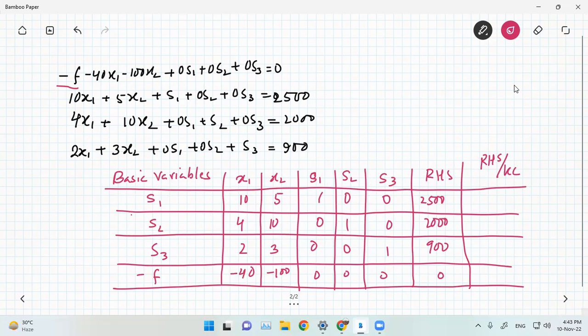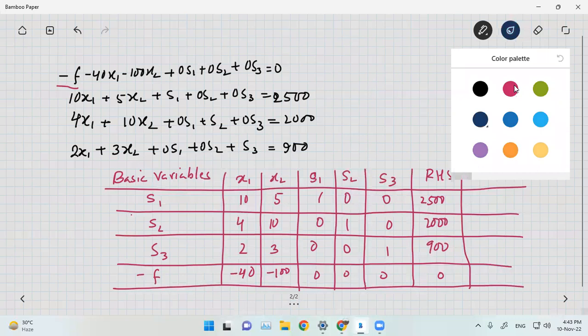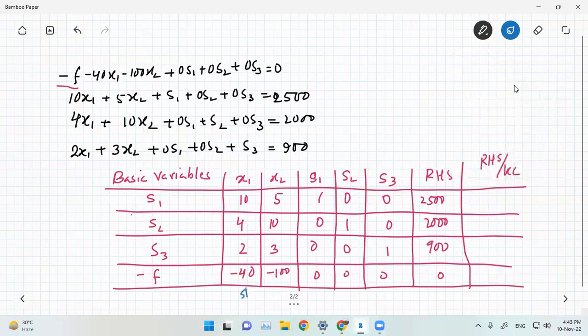What is our next step? Step one is to choose the most negative value column wise, and this is the most negative value we have. So this is our key column.